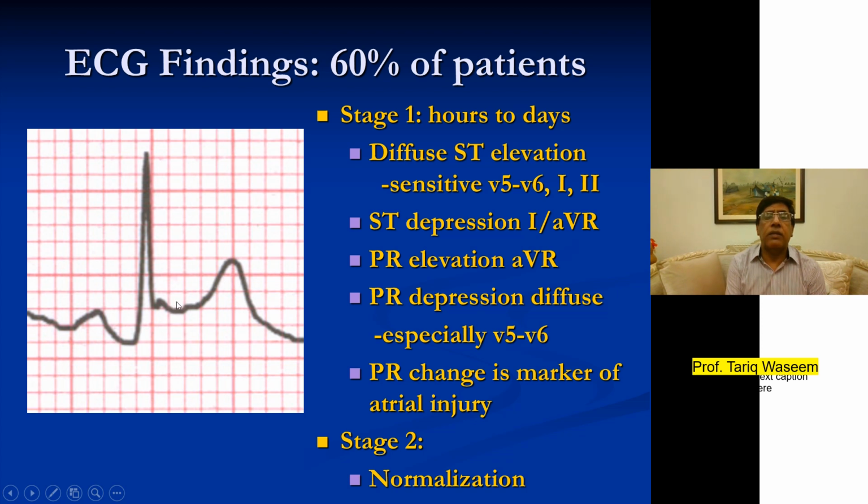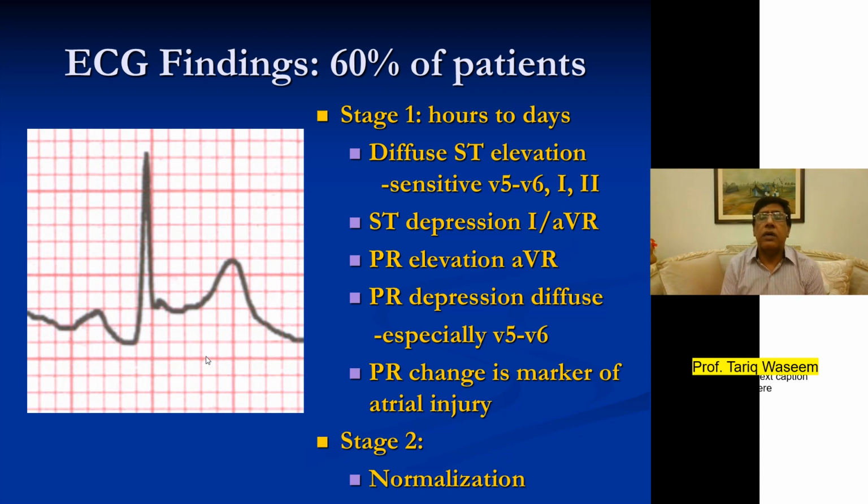The main thing is to notice this ST elevation is with concavity upward, whereas in a myocardial infarction, the ST elevation is with convexity upward. So this concave upward ST segment with PR segment depression is quite characteristic of pericardial disease.